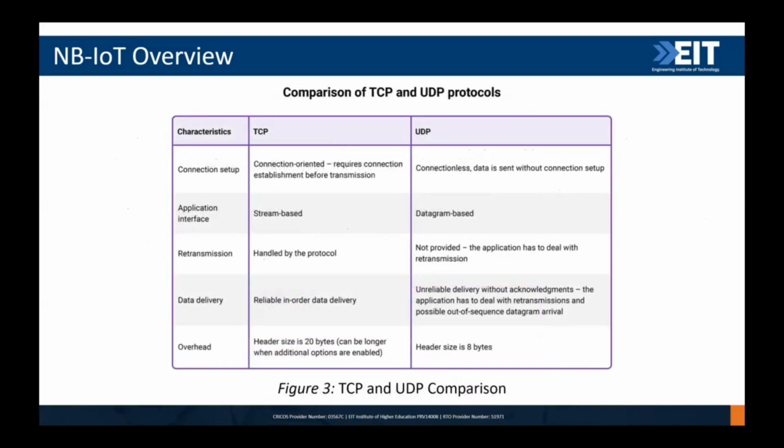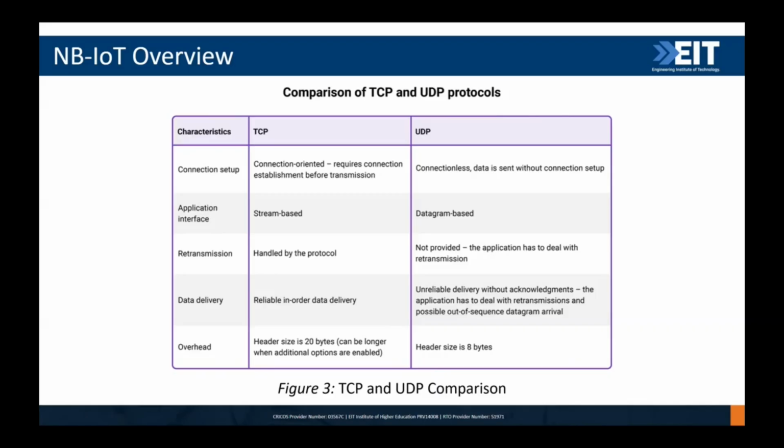So this is a comparison between TCP and UDP. We can see the connection setup. UDP is normally connectionless. TCP is connection oriented, so it requires some form of connection establishing before transmission. Application interface: TCP is stream based, UDP is datagram based. Retransmission is normally handled by the protocol for TCP, and UDP offers no retransmission.